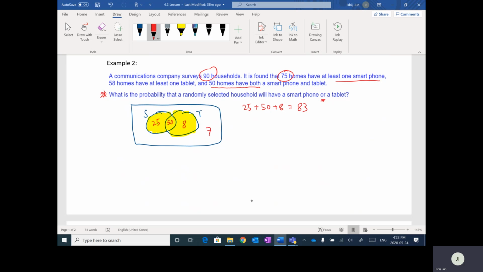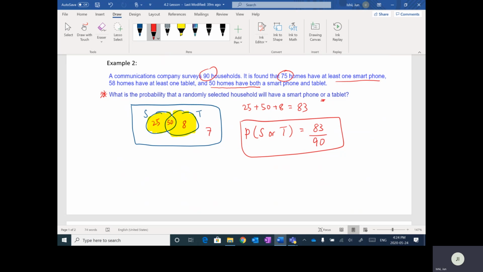So therefore the probability of a smartphone or tablet is that total, 83, over the total of 90. That would be my probability of a smartphone or a tablet.